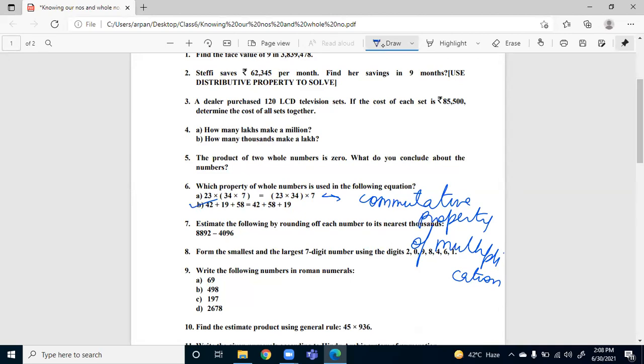Okay, so in between, Hirday, be ready with the B part. Ma'am, it is commutative property of addition.